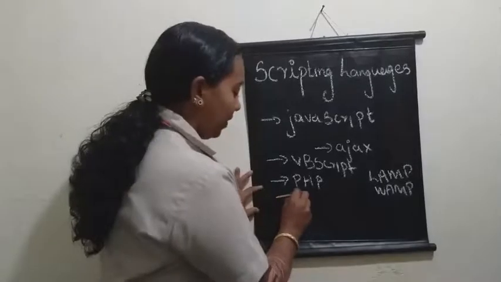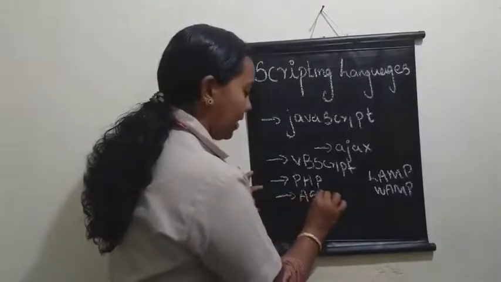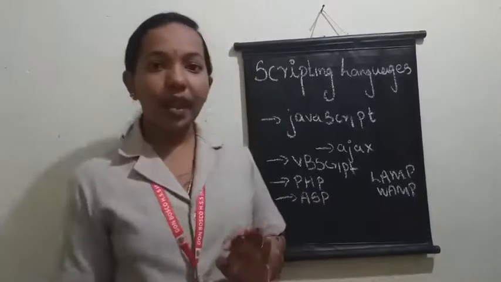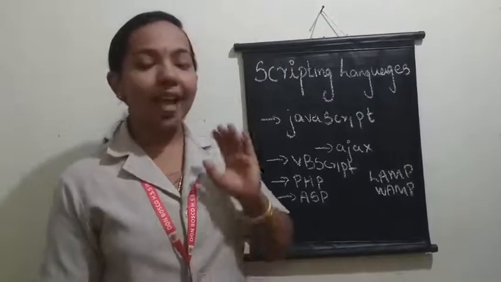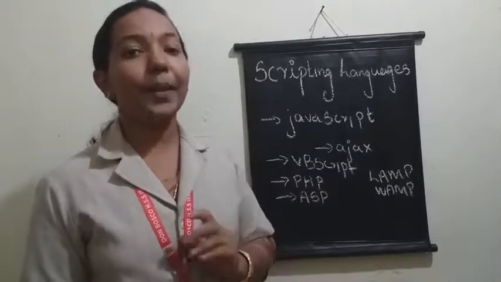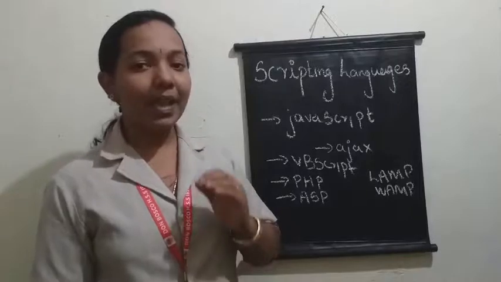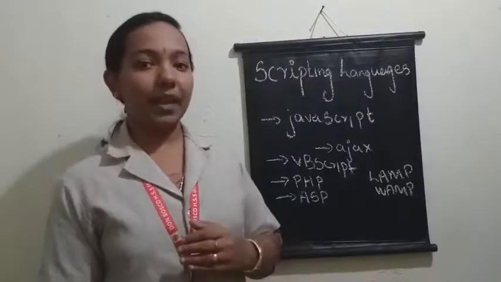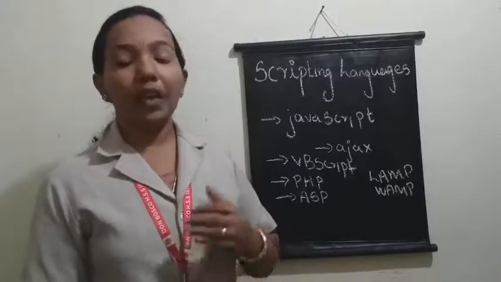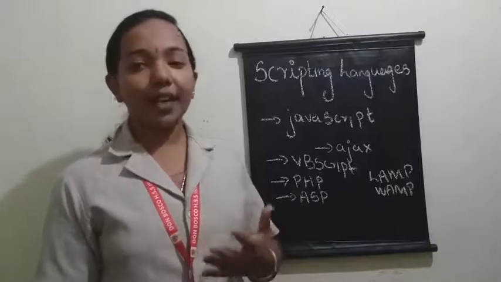Then, the fourth one is ASP. ASP's full form is Active Server Pages. ASP is another kind of language.